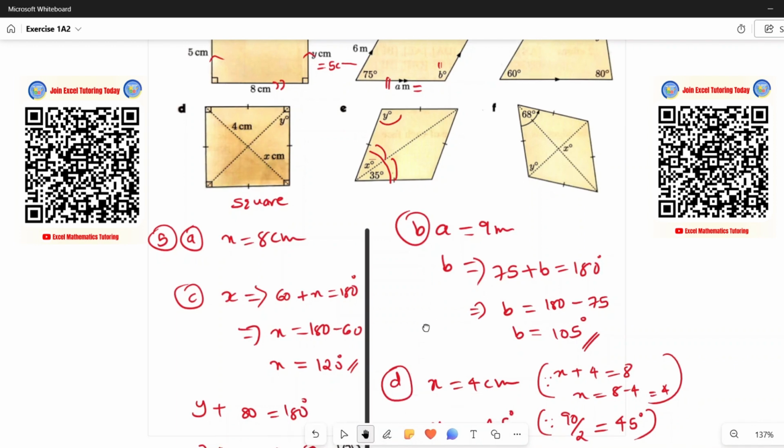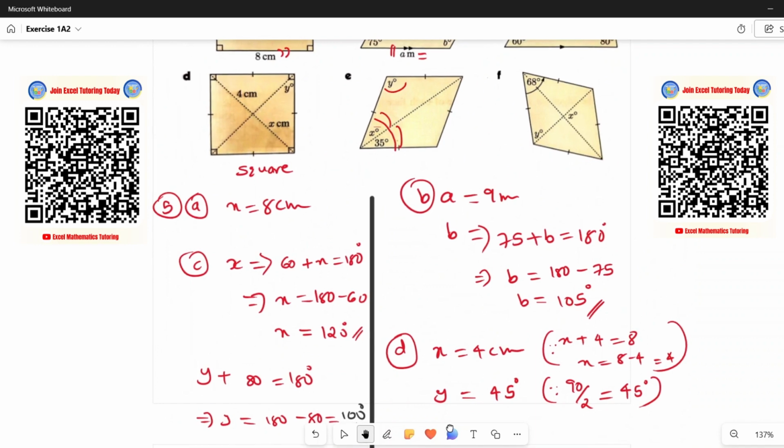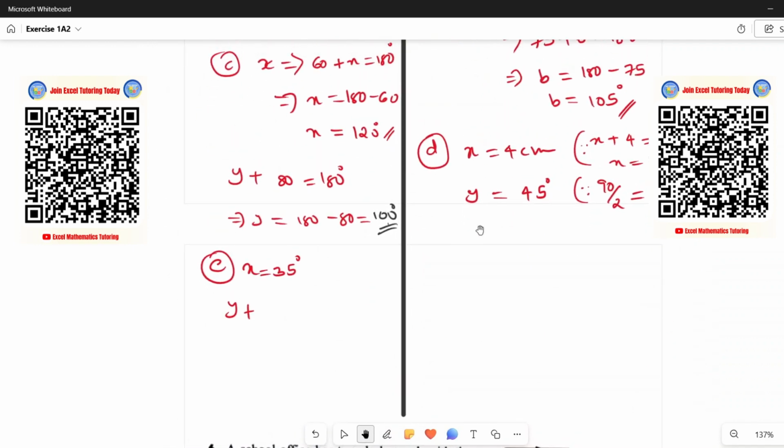So how we will find that? y plus 70 equals 180 degree.